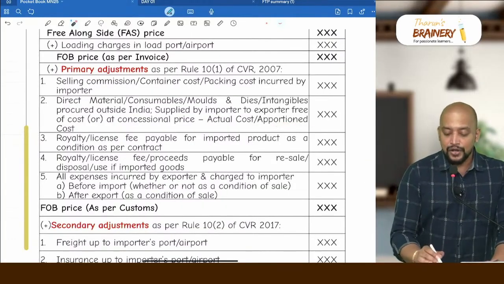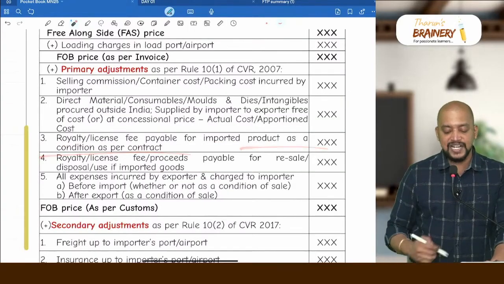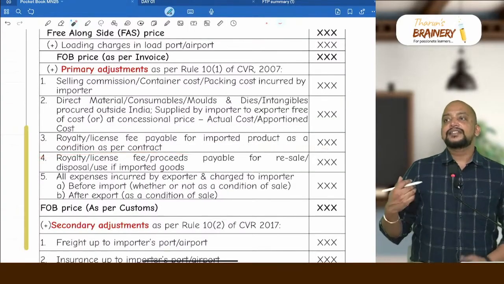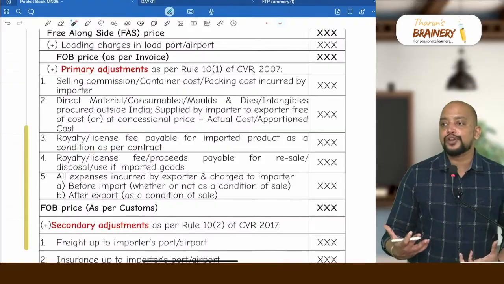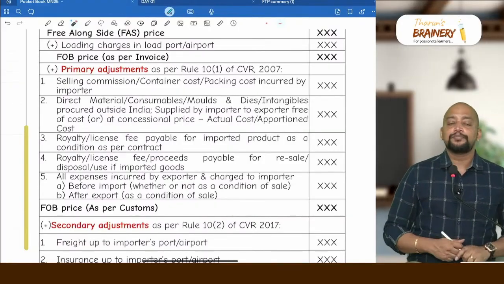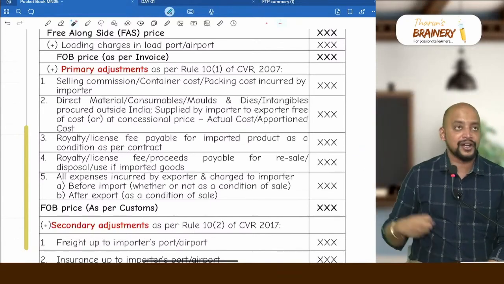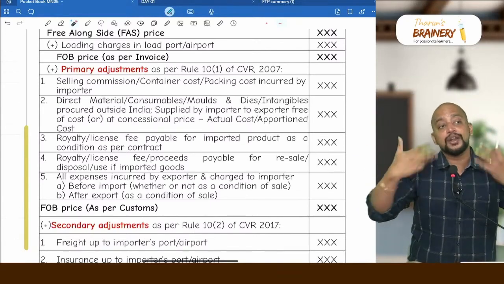Then the next one: royalty or license fee payable for the imported product as a condition as per contract. Generally some royalty will be payable for every product that is imported, because that royalty is payable to the person who owns the intellectual property of that product. So this royalty is also payable for imported goods only.